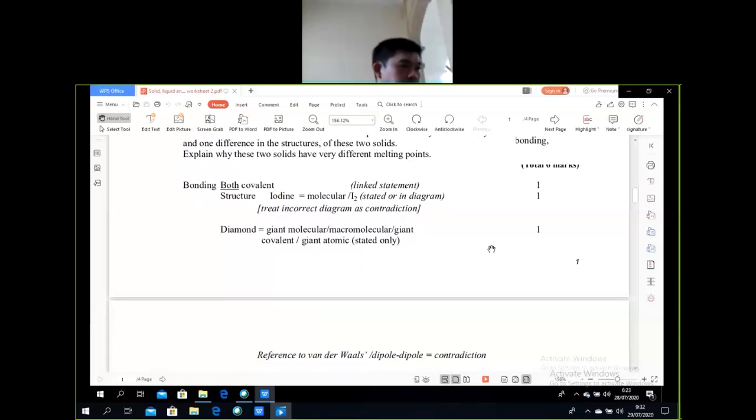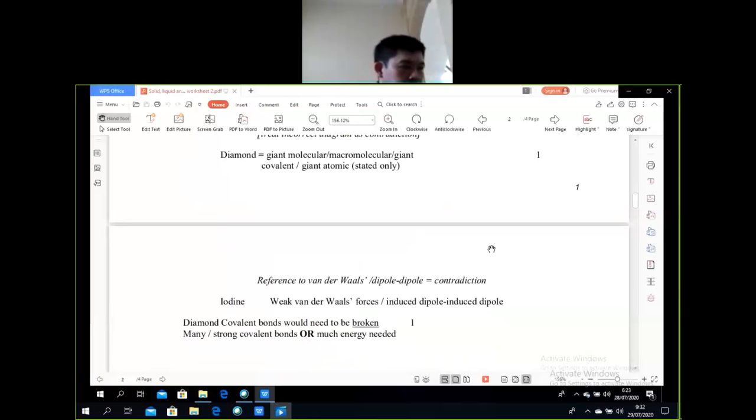And then iodine has instantaneous dipole, also called weak van der Waals or induced dipole forces, because the iodine molecule has no electronegativity difference. One iodine atom has a certain electronegativity and is chemically combined with the other iodine atom that has the same electronegativity value.